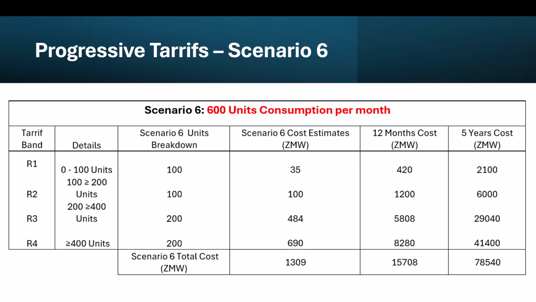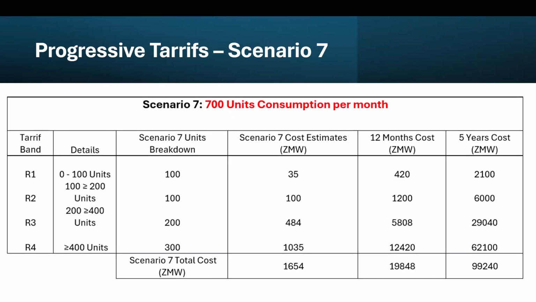So when we go to scenario 6, which is 600 units per month, we see that the cost of electricity per month comes to about 1,309 kwacha. For 12 months, it comes to 15,708 Zambian kwacha. And forecasted over 5 years, this is 78,540.